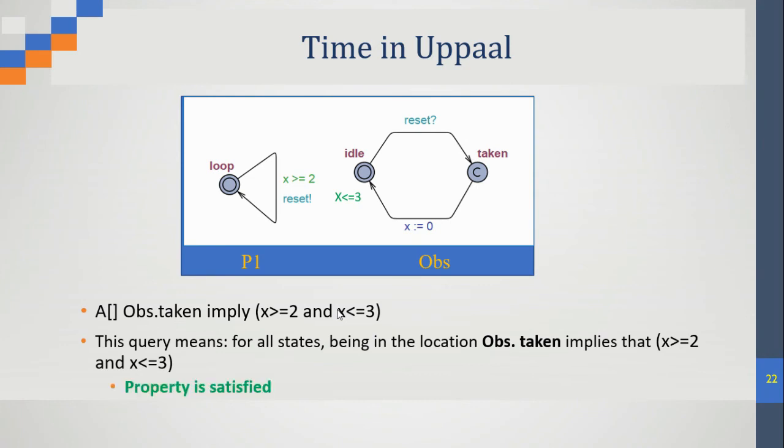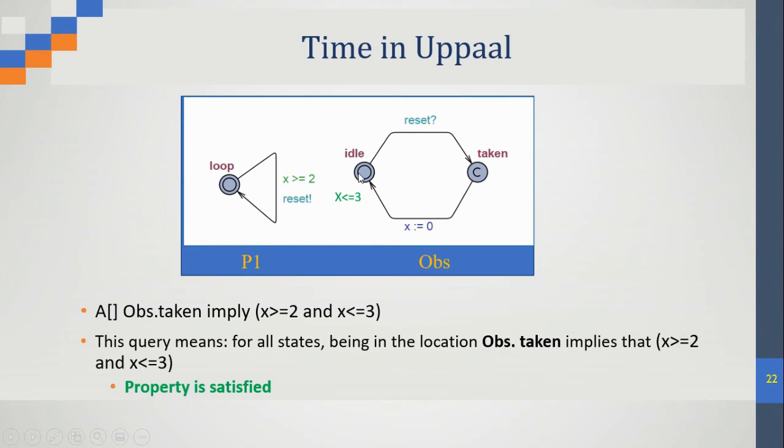This is actually satisfied. We can see the behavior now: the time starts with 0, so 0 in loop and 0 in idle. Then we can leave this one if the time is equal to 2, so we can leave only if it is equal to 2 or greater.